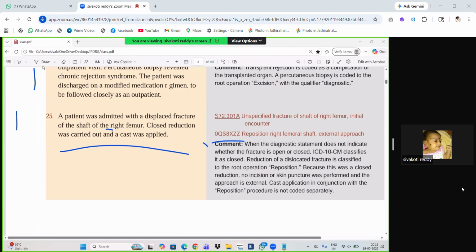Suppose check this question simply. What procedure are they performing in the 25th? Closed reduction. Can you repeat once again? Cast application.